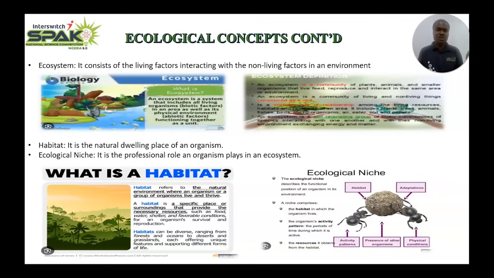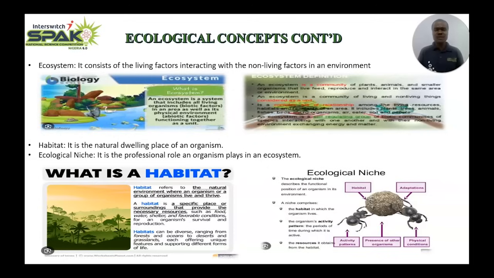It's a self-supporting system that includes all the living organisms and their non-living environment, where they interact together as a functional unit. It's a self-supporting system because once the system starts, energy to drive the system can be generated within the system. So the system can continue to run continuously. That's why we say ecosystem is a self-supporting system.